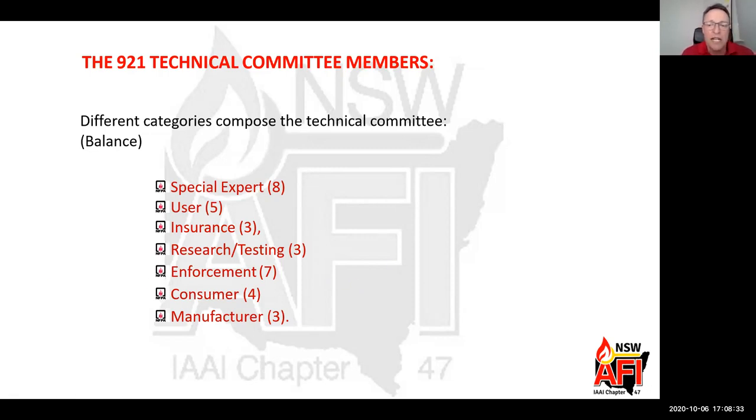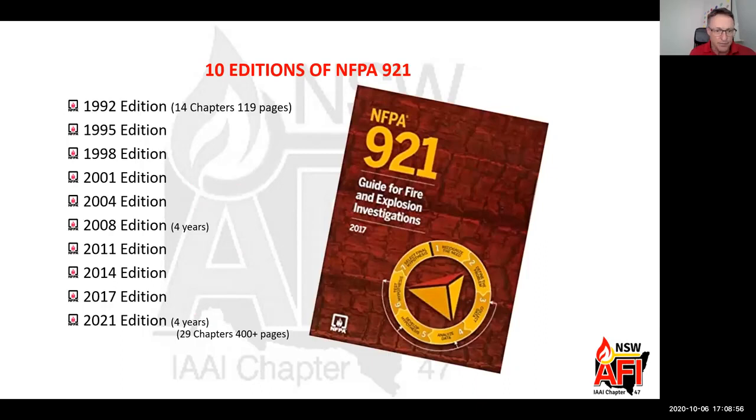So you would have to agree that this committee is quite balanced. It has input from a lot of people from different areas in the fire investigation industry. And at the end of that, I think what's being produced is a very good document. It is very important that they have quite a large committee that is balanced.